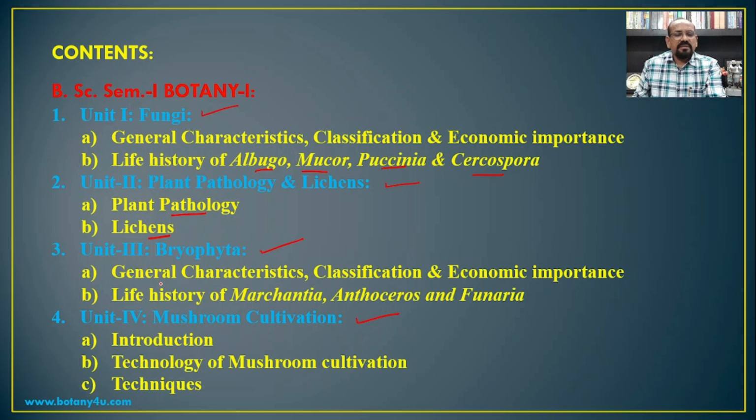In third unit, that is general characteristics, classification, and economic importance of bryophytes and life history of Marchantia, Anthoceros, and Funaria. And in last unit, that is skill based unit, that is the mushroom cultivation, in which we will see the introduction of mushroom cultivation, then technology of mushroom cultivation, and techniques that are to be used for the culture or growth of the mushroom.